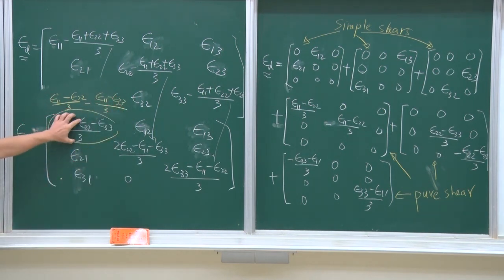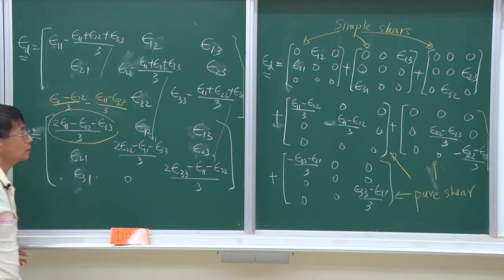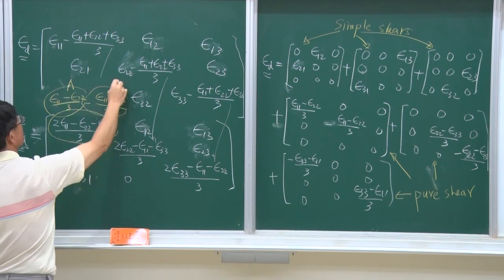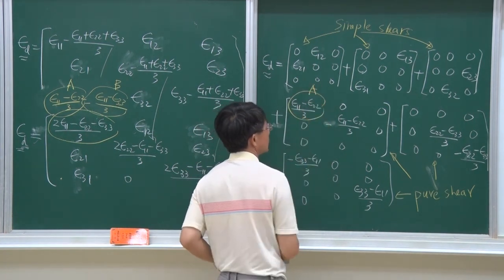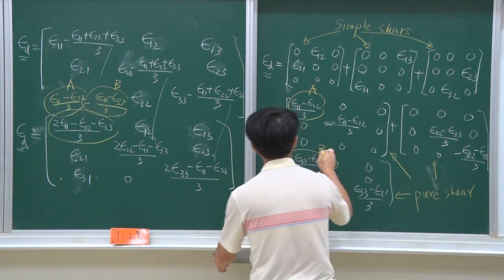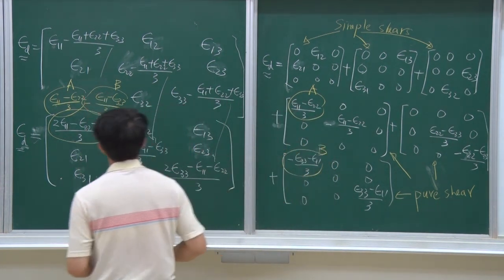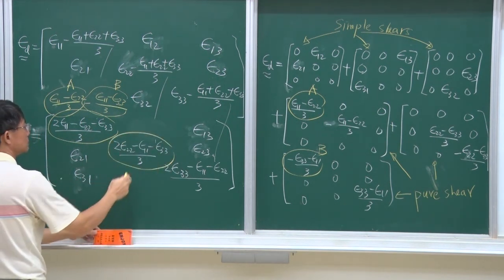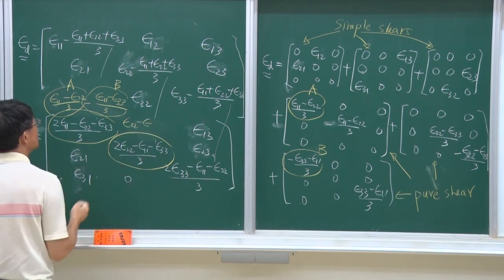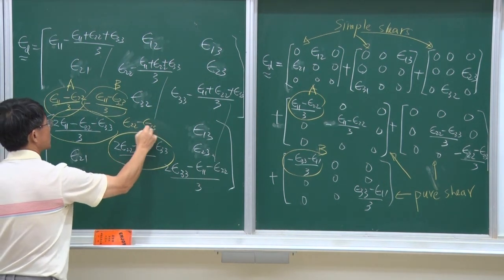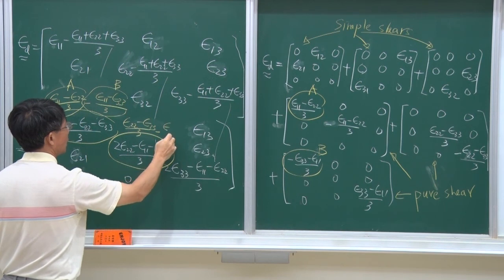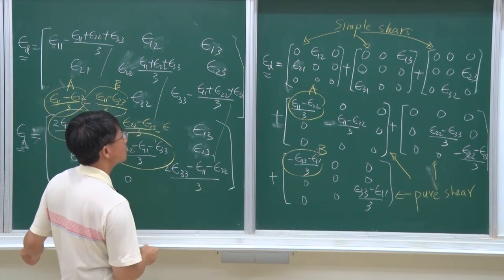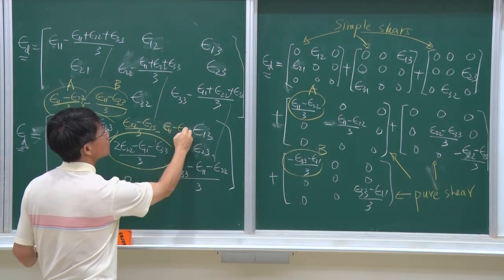We can decompose this term into this term and this term, and take this term A, and this term B, A, B, B. This B comes here, B. And also, in the same way, we can decompose this term as epsilon 2 minus epsilon 3, minus epsilon 1 minus epsilon 2.